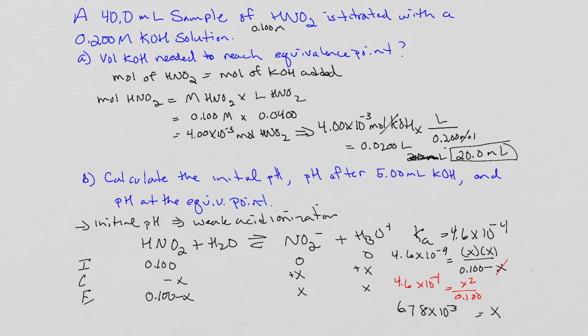Now, I'm going to shift to another page here, need a little more space. So x is equal to 6.78 times 10 to the minus third. From our ICE table, we know that the concentration of hydronium is equal to x.